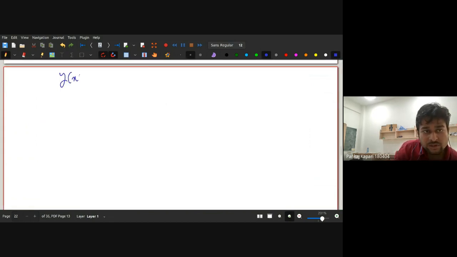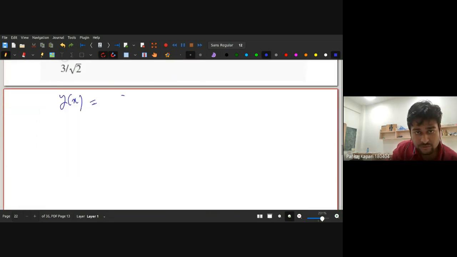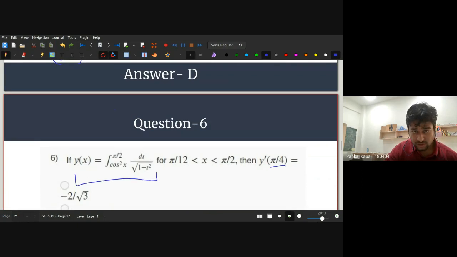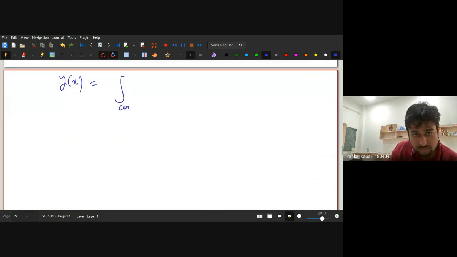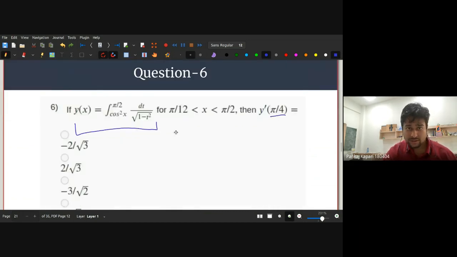Let's write what your function is. This is y of x, the integral from cos square x to pi by 2 of dt divided by 1 over t square.